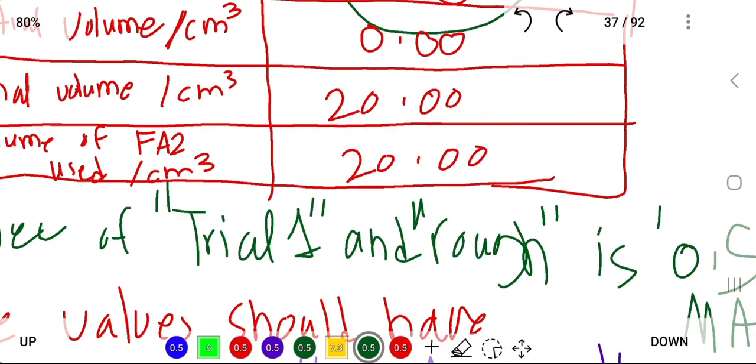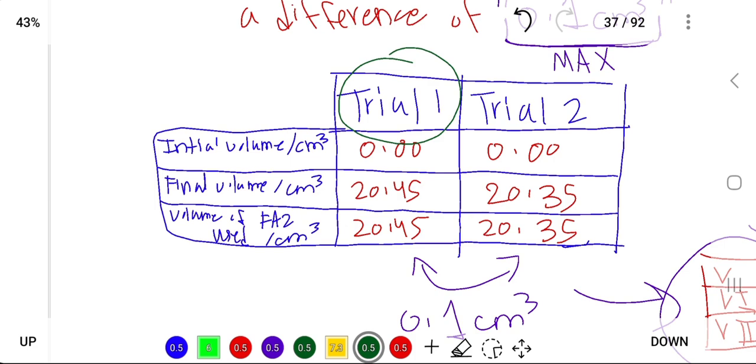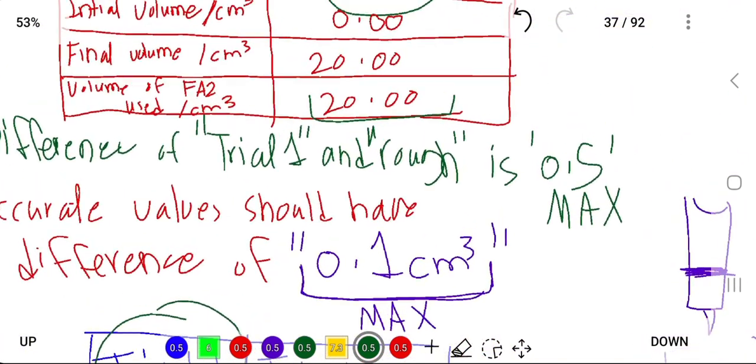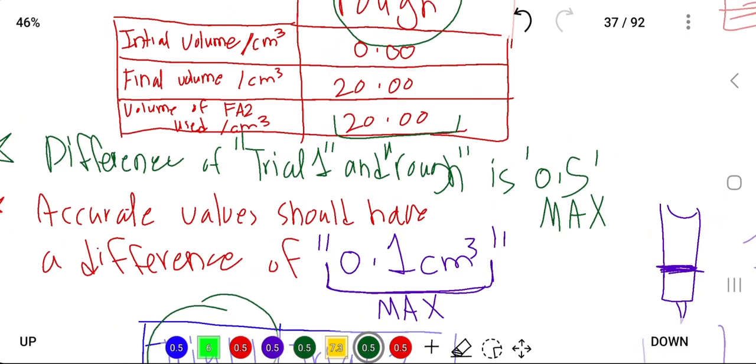Here we said that the volume of FA2 used is 20.0, right? And the volume of FA2 used in the accurate one was 20.45. 20.45 minus 20 is, you're at the edge, by the way.